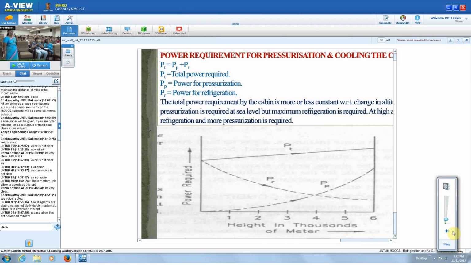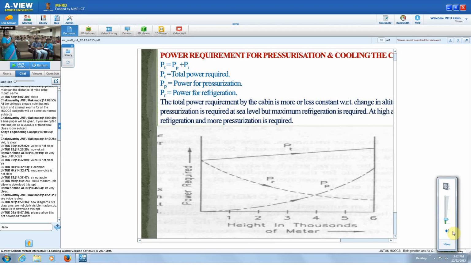The total power you can see is almost constant. As the height increases, the power required for pressurization will be more compared with that of the power required for refrigeration, because at high altitude temperature will be less. Of course pressure will also be less, but more significance is given for pressure and the temperature.